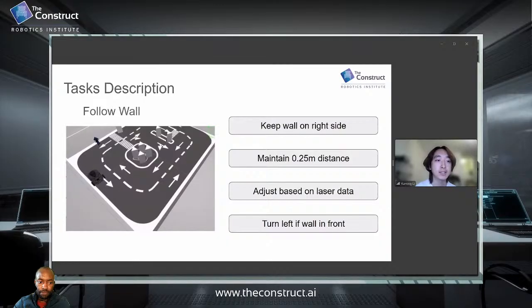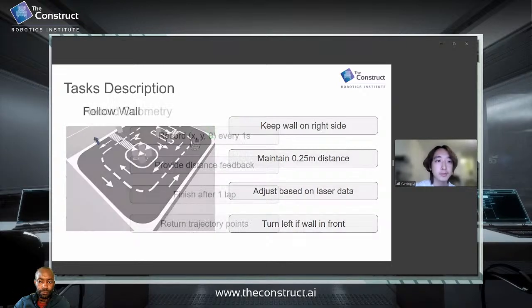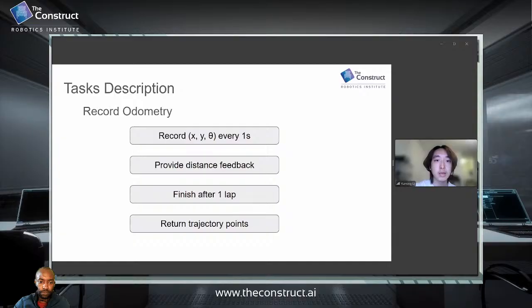The second task is to follow the wall. There are some requirements. First is to keep the wall on the right side and maintain a small distance, and then it should adjust the angular velocity based on the laser data and turn left if the wall is in front of it. The third task is to record the odometry.